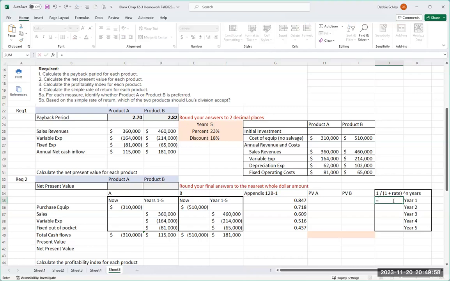So equals 1 divided by 1 plus the rate, 18%. Oh, I forgot my parentheses. Raised to the value of year 1.